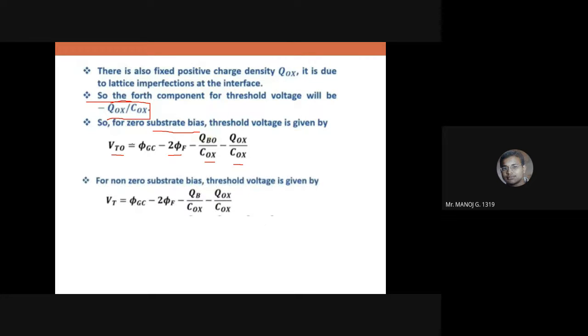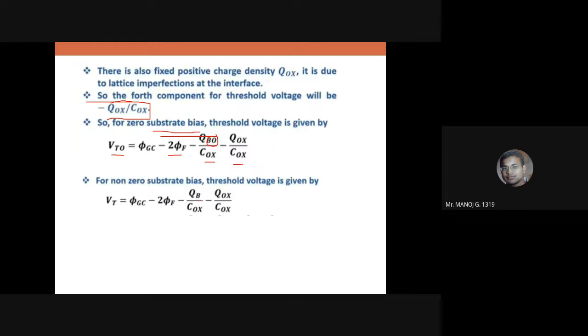Now, when you have zero biasing, this is the voltage. When the zero biasing is taken over and you apply a voltage, look at this particular term, QB0. This is when it is zero biasing. If you increase the biasing, the value of QB will vary. Now you have to estimate how this variation affects the threshold voltage. There are two types of inferences you have to make: one is zero substrate biasing and the other is non-zero substrate biasing.